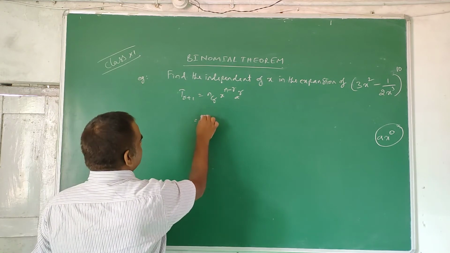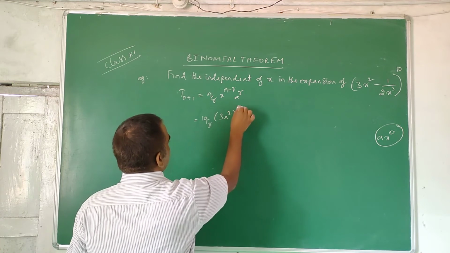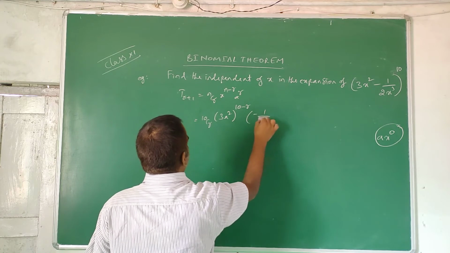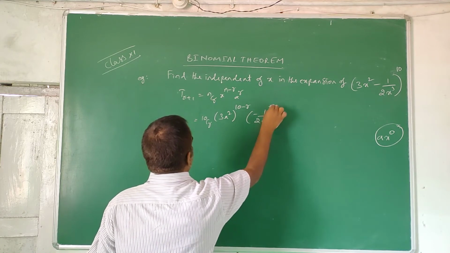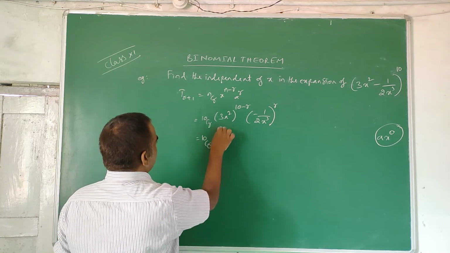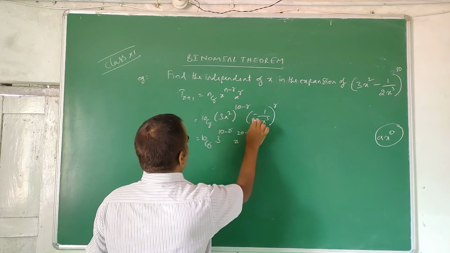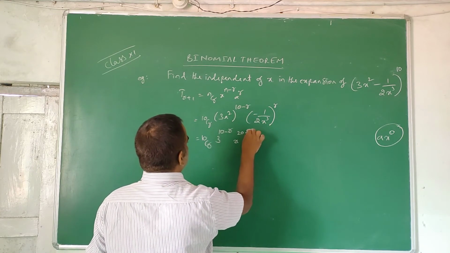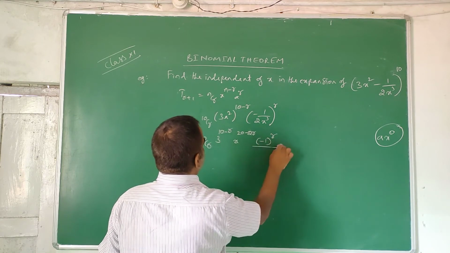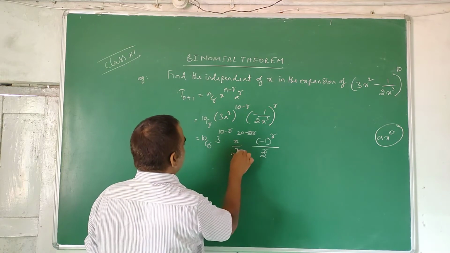So here n is 10, 10Cr into 3x square whole to the power of 10 minus r, into minus 1 by 2x cube whole to the power of r, is equal to 10Cr 3 to the power of 10 minus r x to the power of 20 minus 2r into minus 1 whole to the power of r by 2 to the power of r by x to the power of 3r.